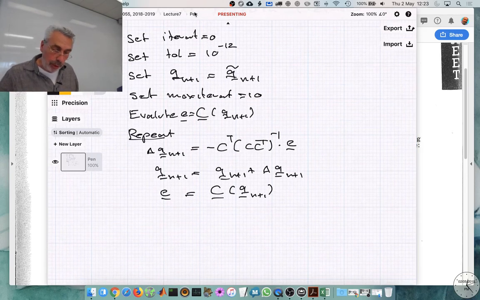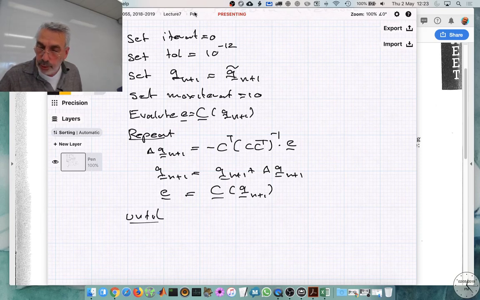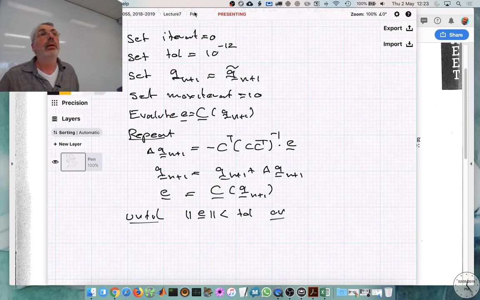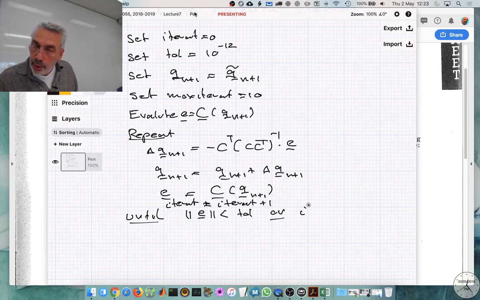And then when do we stop? Well, of course, when the norm of this error is less than this tolerance, or we are out of iterations. So we say iteration is iteration plus 1, we add up the iterations, or the iterations is larger than max iterations.